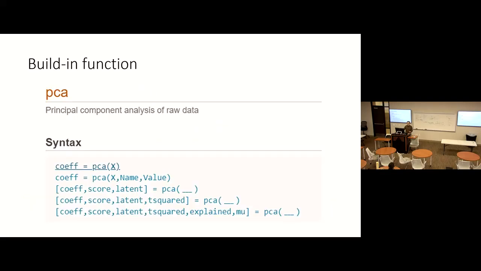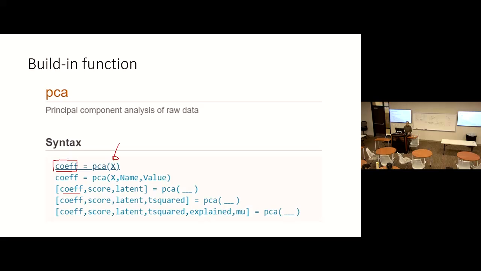So this is the built-in function in MATLAB. If you look at the documentation of PCA, you put your data matrix in, and you will get the rotation matrix. The rotation matrix is called the coefficient.